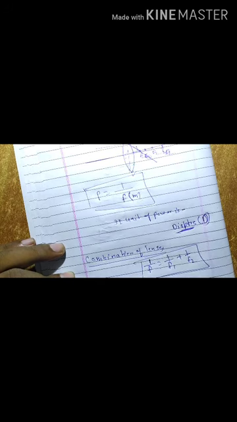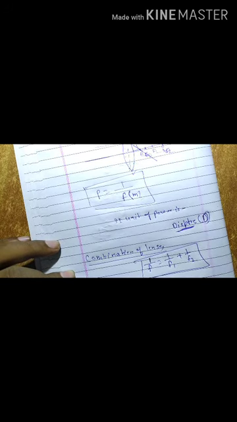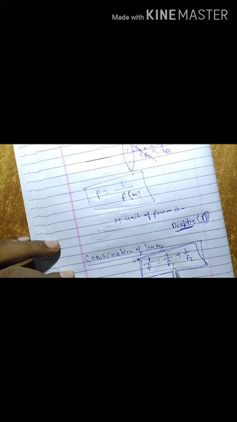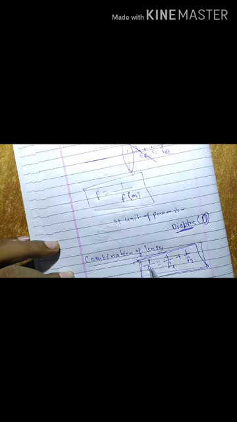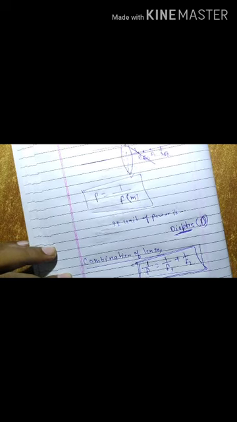This is important. Here f1 is the focal length of lens 1 and f2 is the focal length of lens 2.